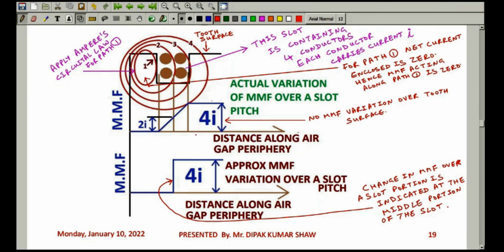So the actual nature of M.M.F variation over a slot is smoothly, linearly rising over the slot portion, but we approximate it by a step jump.